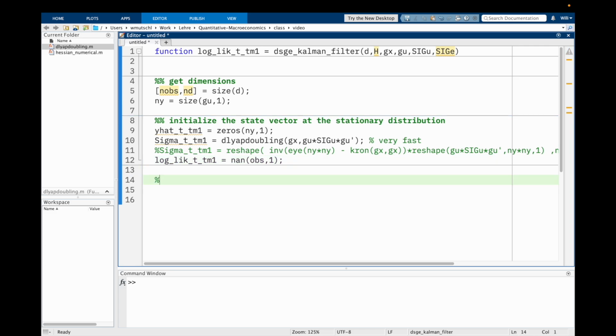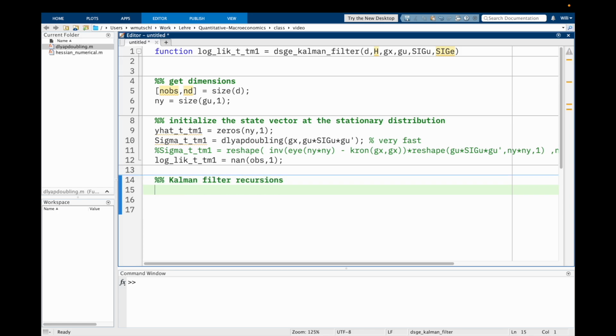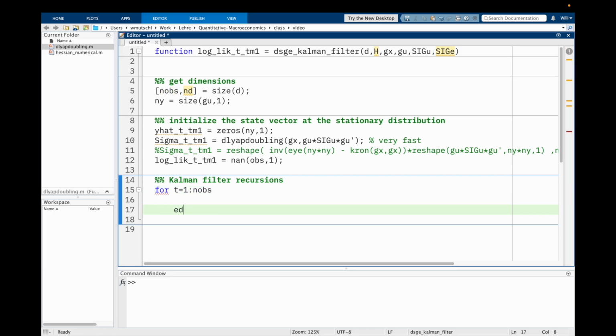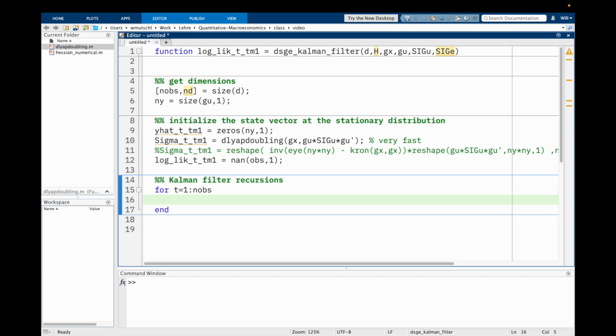Okay, now let's do the Kalman filter recursions. So this is a big for loop, and this will go over all your observations. And remember, we had put forward different steps. Okay, so there was step 1, compute the covariance, or compute omega.